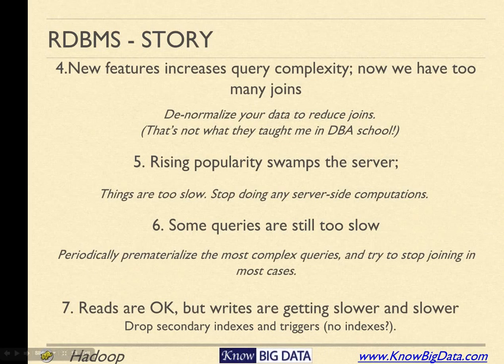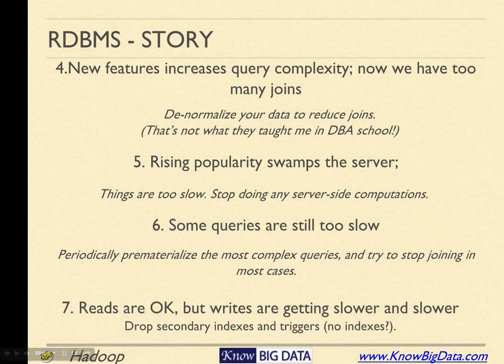So we started with a perfect database with a perfect schema, but due to load, we stopped using the server-side stored procedures. We had a lot of caching and pre-materializing, which means data is anyway inconsistent. The data is denormalized, and then you have secondary indexes and triggers which are no longer there.